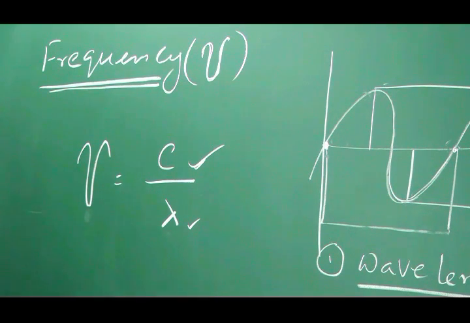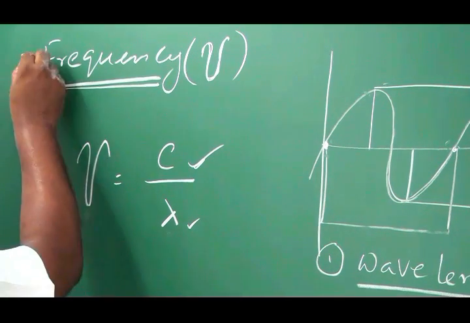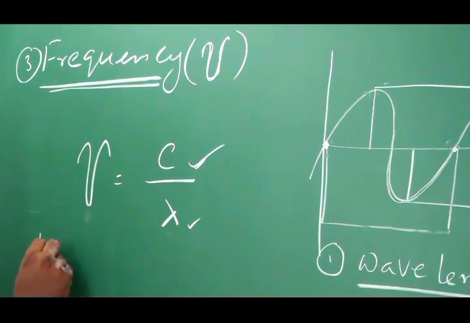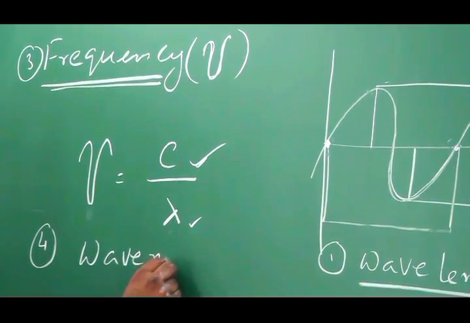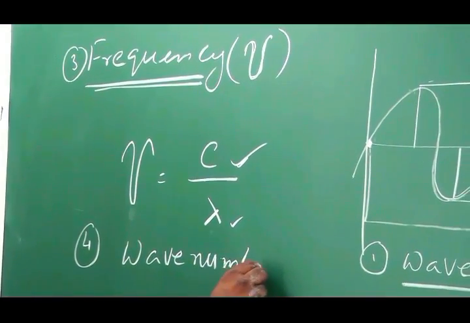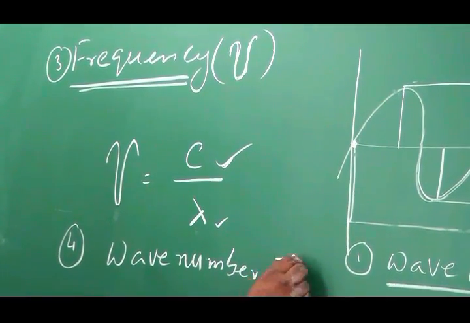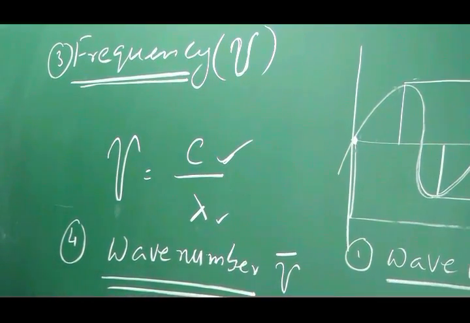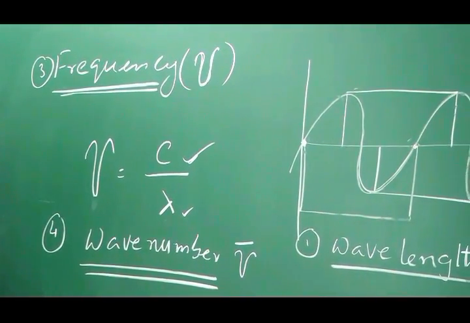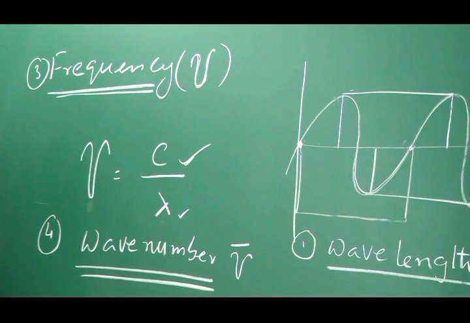This is the third property, and the fourth property is wave number. This is denoted with nu bar. Wave number means the number of waves that spread in 1 centimeter is said to be wave number.